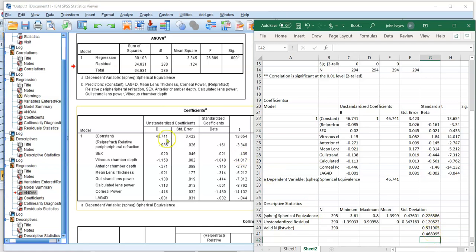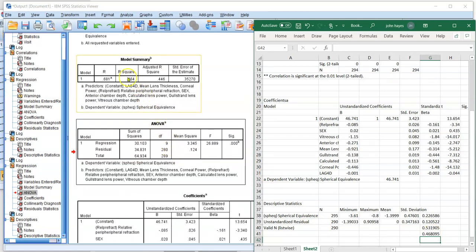So what is that equivalent to? Well, that's equivalent to r squared. So let's look at this again.